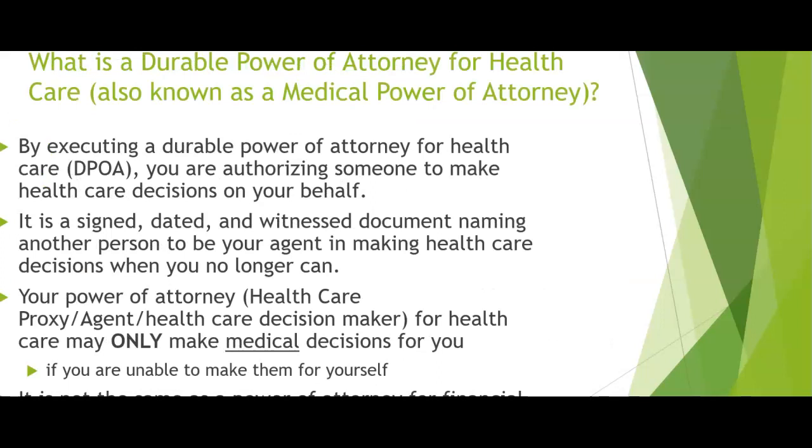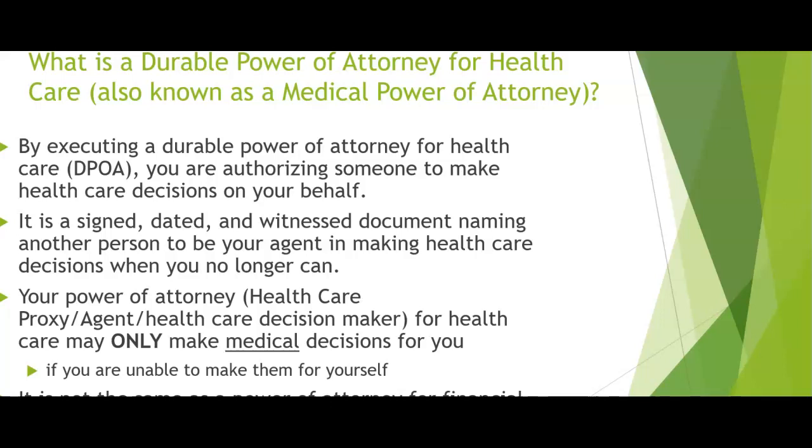So what is a medical decision maker? What is a durable power of attorney for healthcare? It is authorizing someone else to make healthcare decisions on your behalf if you cannot make those.